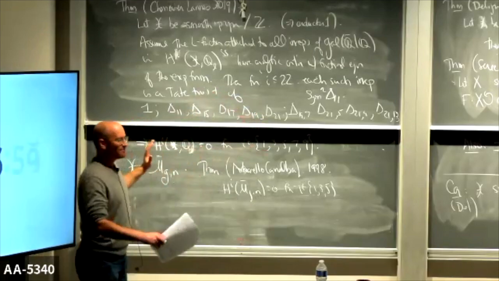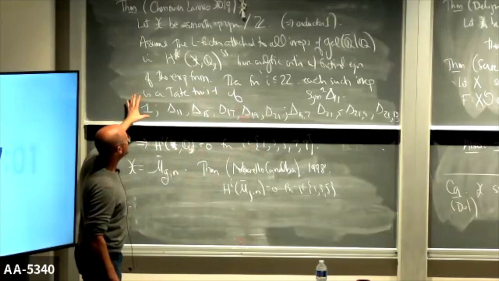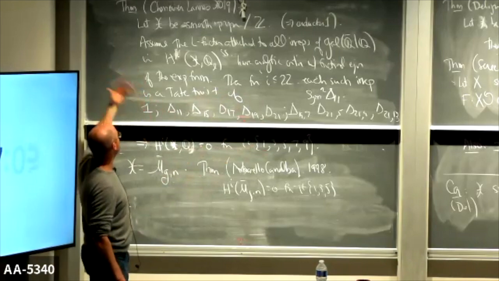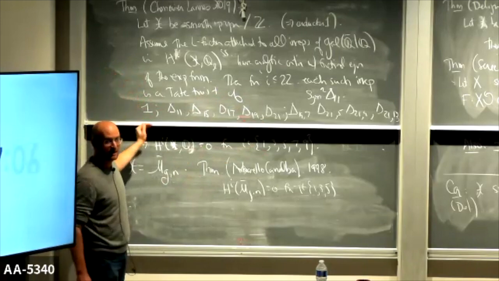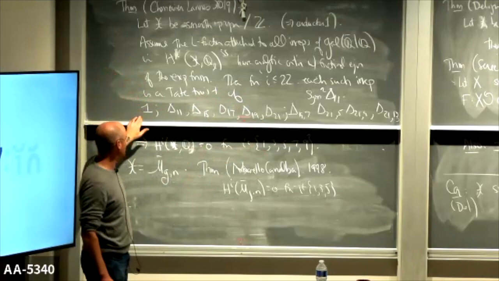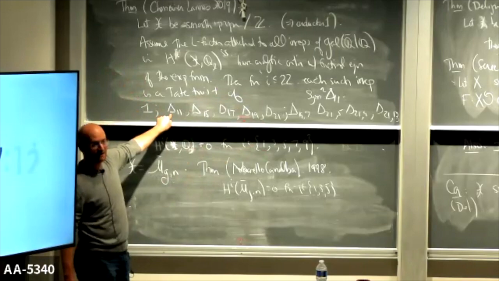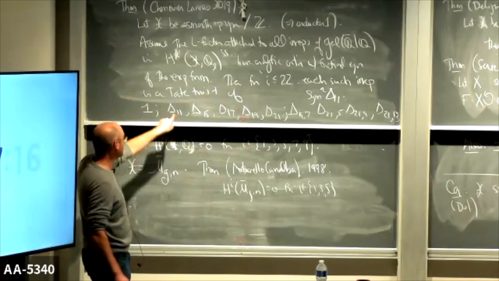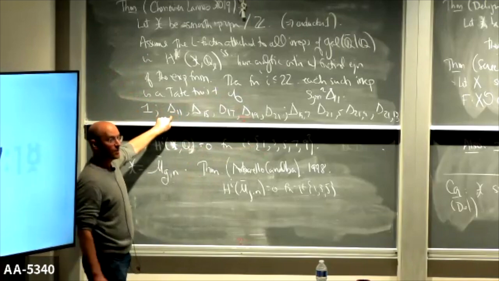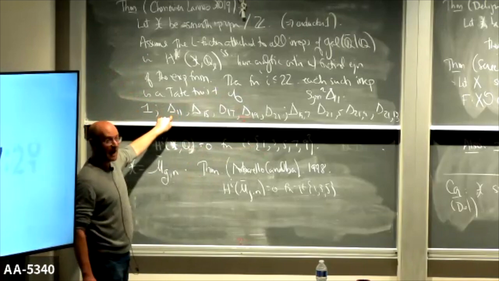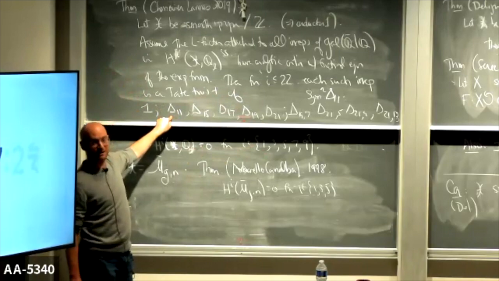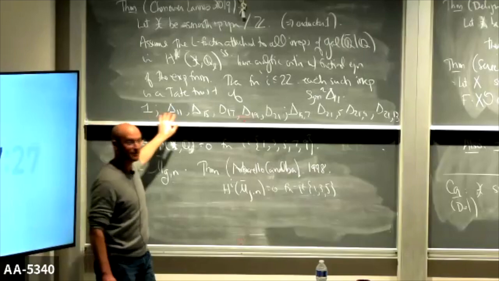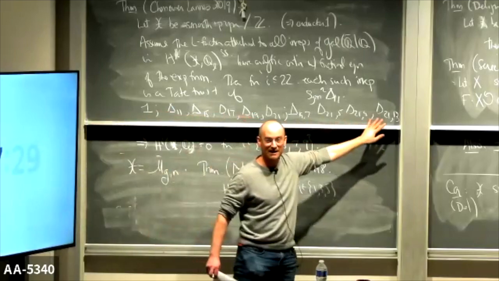So if you had a space that's smooth and proper over the integers, and let's say it has dimension 11, then you should have a polynomial point count plus some non-negative integer times the point count contributed by delta 11. And what's the point count contributed by delta 11? Well, the point count over F_q is the qth coefficient of the cusp form of weight 12 for SL2(Z). And there's a similar explanation for the contributions of each of these.